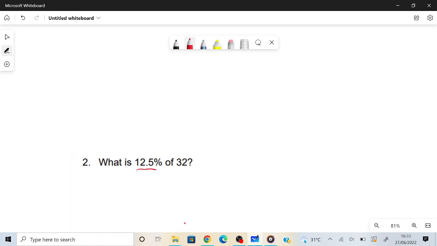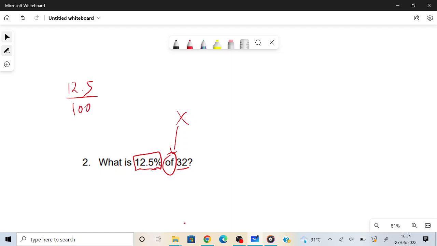12.5% of 32? Now, whenever you are asked to find the percentage of something, basically this keyword right here, of, whenever you ask something of, like 10% of 99, 1% of 6, all you have to do is this, of, it represents times, multiplication. So you take a percentage, whatever your percentage is, and take it over 100. In this case, it would be 12.5 over 100.